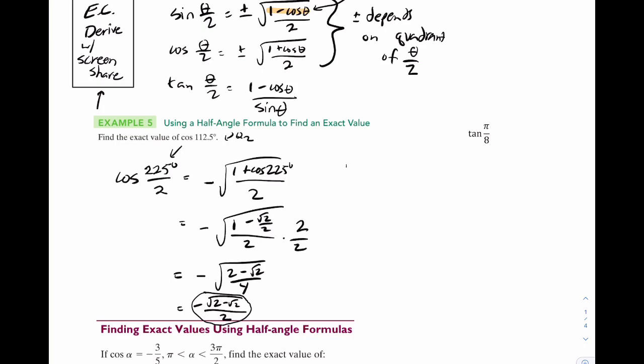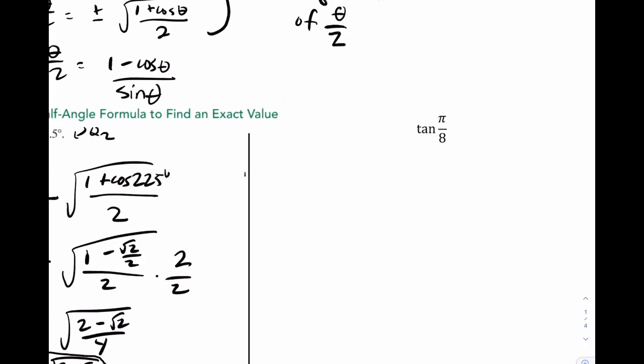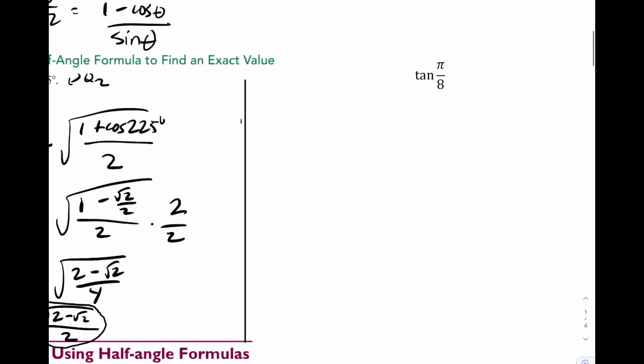Our next example is going to be this tan pi over 8. So let's move over here. The step is the same, but notice how the formula, there's no plus or minus there. So really we just have to focus on rewriting that as something over 2. So same thing, multiply pi over 8 times 2 over there, and you get pi over 4.